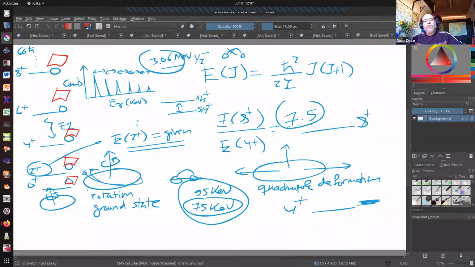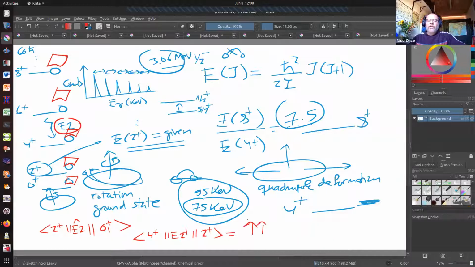And therefore, a transition between a 2 plus through an E2 transition, remember these are all decaying by E2 transitions, through an E2 operator to the 0 plus, or the transition from the 4 plus to the 2 plus, there will be large values for this overlap between the wave function of this guy and this guy, because these two are looking very the same, right? This is what is called the transition probabilities.